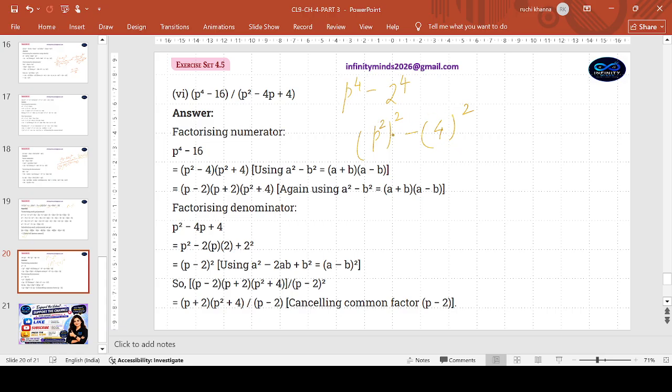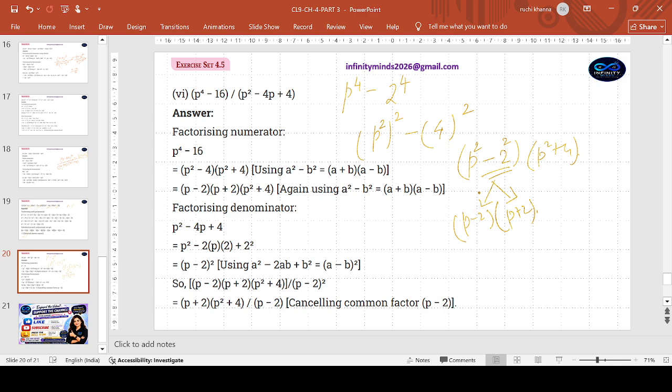So it's again a square minus b square identity with p square playing the role of a. So it's going to be p square minus 4 into p square plus 4, where this itself will be split again into p minus 2 and p plus 2. After all, 4 is nothing else but 2 square. So again direct identity application.